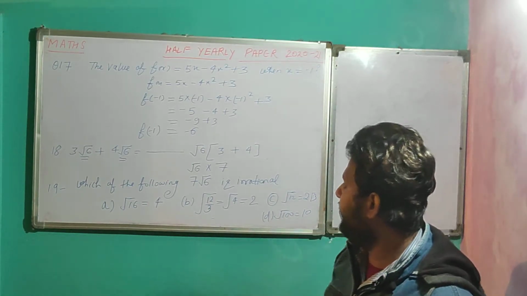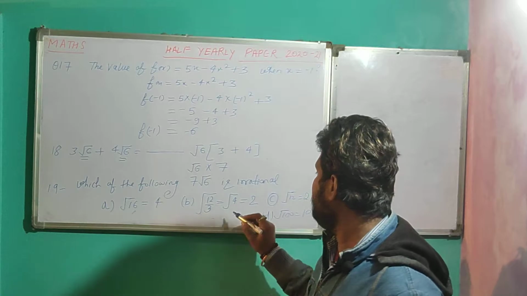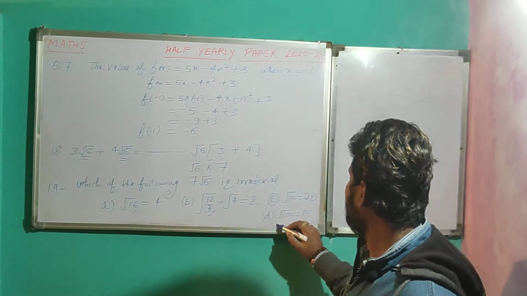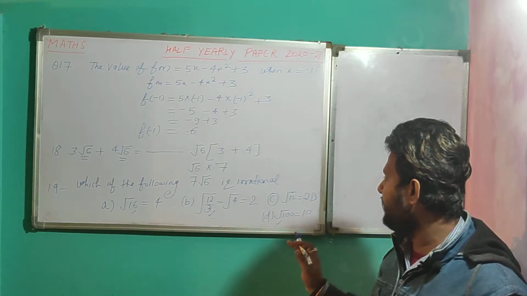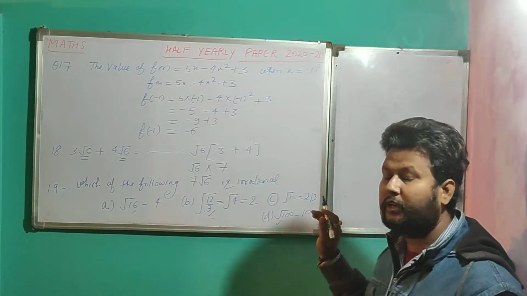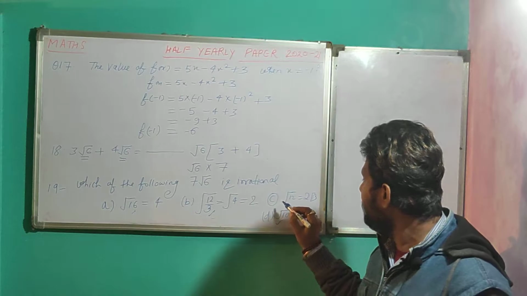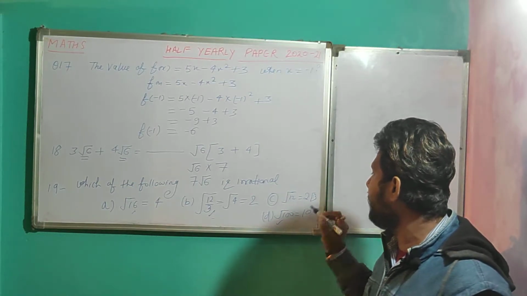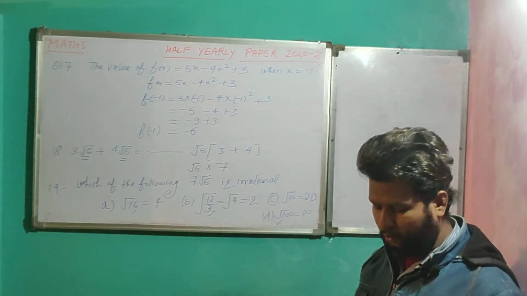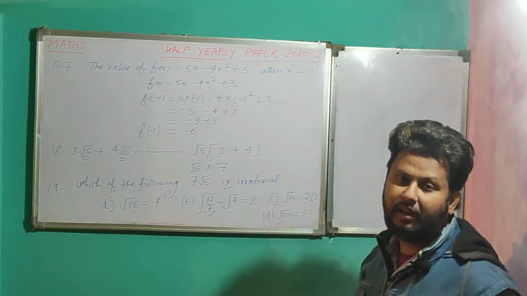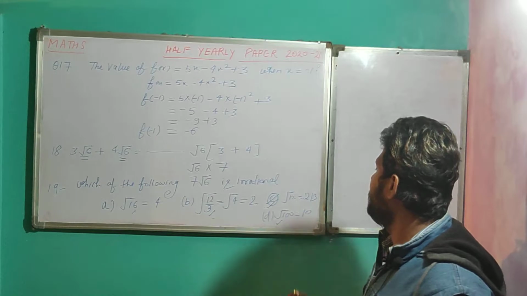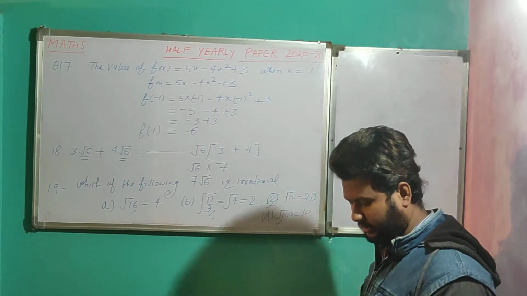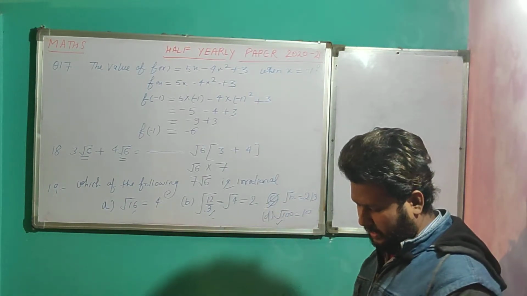So you can see over here root 16, root 12 by 3 and root 100 are perfect squares. The only number which is not a perfect square is option C, 2 root 3, and 2 root 3 is an irrational number. Okay, so the correct option is C. Okay, next question.